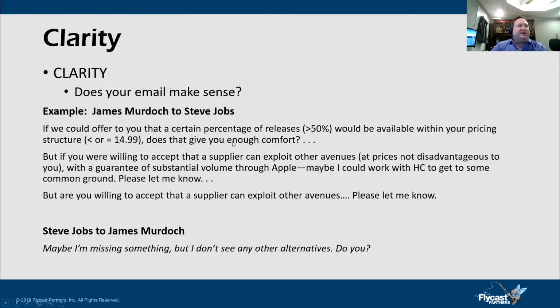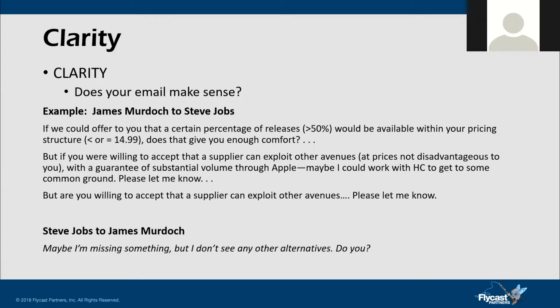So if you guys take a minute to read this portion of the email that James Murdoch wrote, and tell me if you can tell me what it's about. So what's he asking?